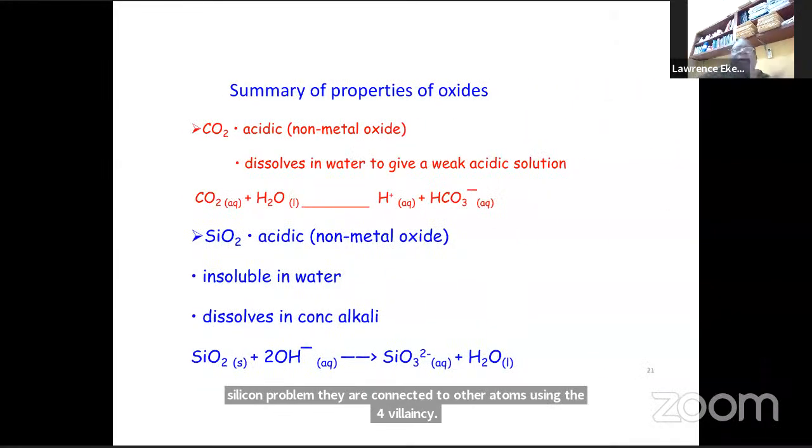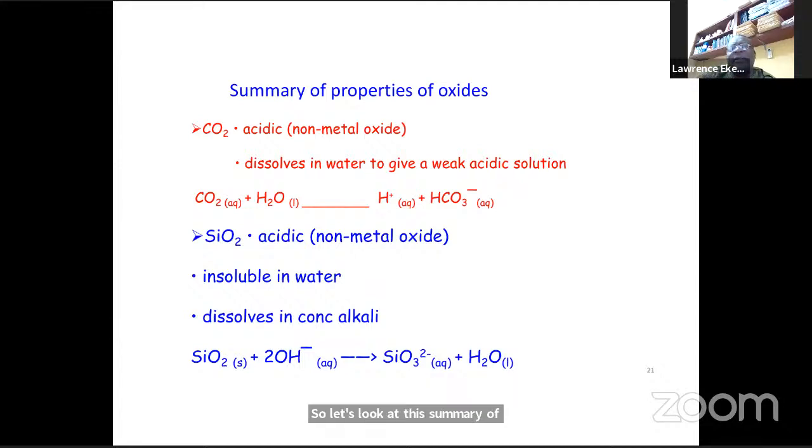So let's look at the summary of the properties of the oxides. Number 1, we've said that the oxides exist in 2 oxidation states. We have the monoxides, and we have the dioxides. Here, we said that carbon dioxide, CO2, is acidic in nature and is a non-metal oxide.